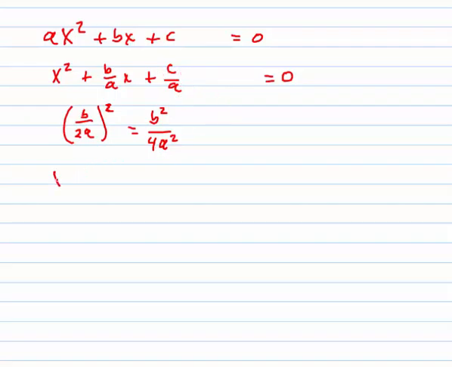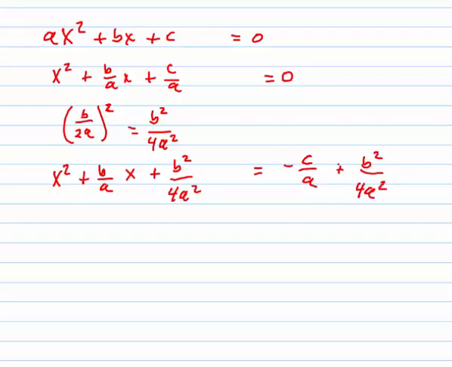So we get x squared plus b over a x is equal to negative c over a. Now we add b squared over 4a squared to both sides. Now this is a perfect square.